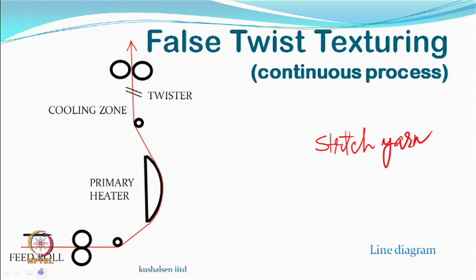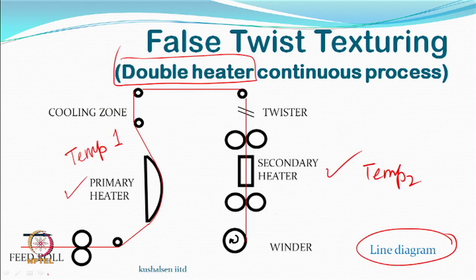So, we do not have a package here; you have a heater and it is a continuous process. At this point everything should be done, finished. So, what are we going to do? In this zone we will give overfeed, and what does this overfeed do?